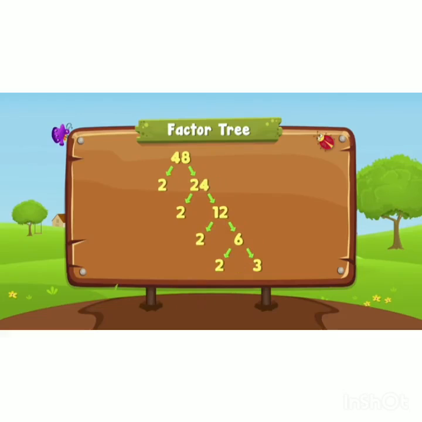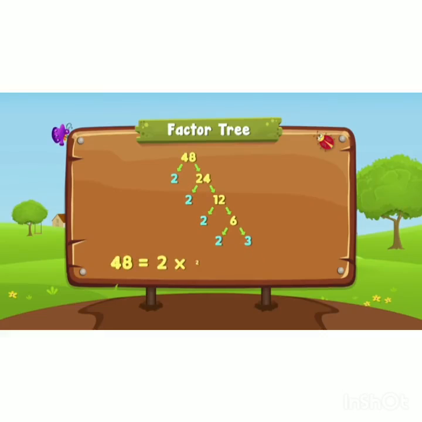Now, only the prime numbers 2, 2, 2, 2 and 3 are left. Hence, we stop factorizing. 48 can be written as the product of all the prime factors left. This means 48 equals 2 into 2 into 2 into 2 into 3.